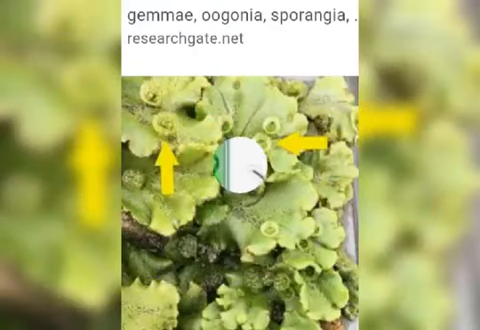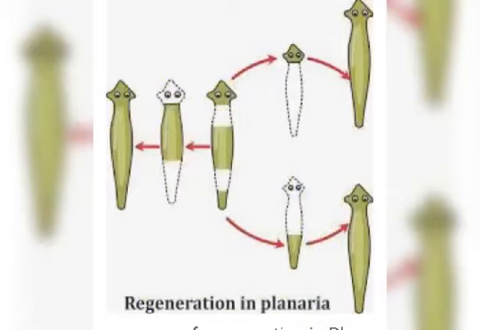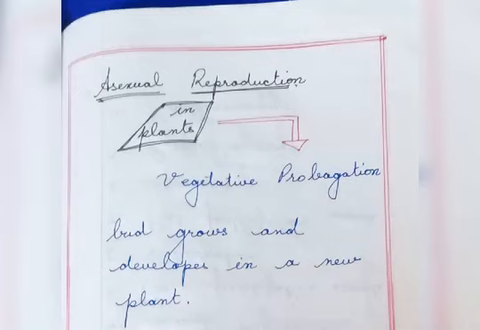I hope you all have seen the pictures and you would have got an idea. So these organisms don't have a fusion. They just reproduce by breaking up parts of their body. Those broken parts have the ability to grow into new organisms, which we call asexual reproduction.